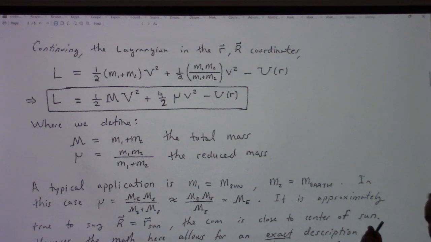Because we're assuming that the force that binds these two things together or pushes them apart acts radially on the basis of the relative distance between the two, which we've called r. That's the magnitude of r2 minus r1.